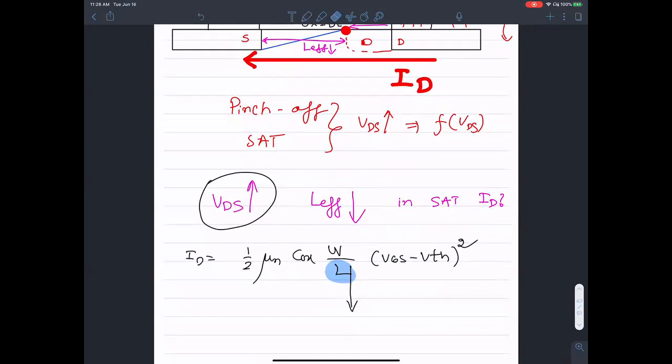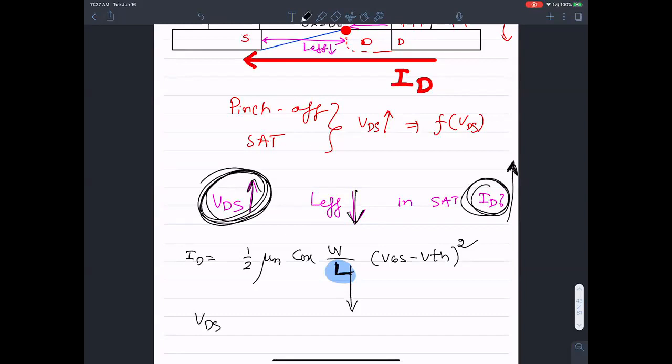So as a result of an increase in VDS in saturation region, what happens to ID? It goes up. It goes up because L is in the denominator. So when VDS goes up, L goes down. When L goes down, ID goes up. So as VDS increases, ID goes up.